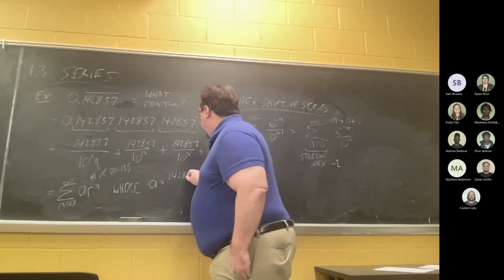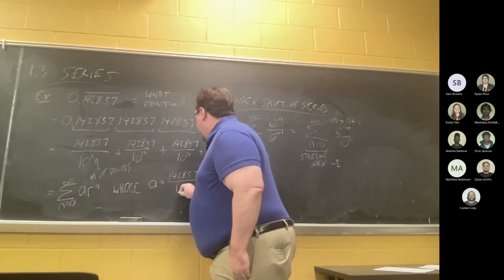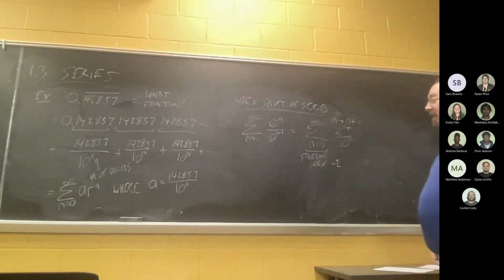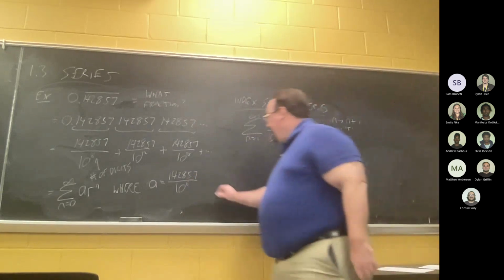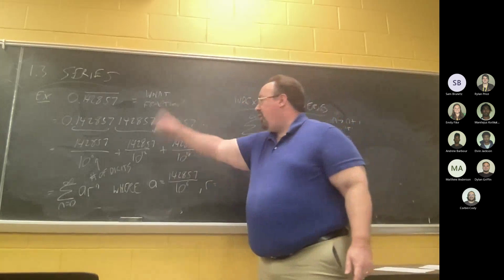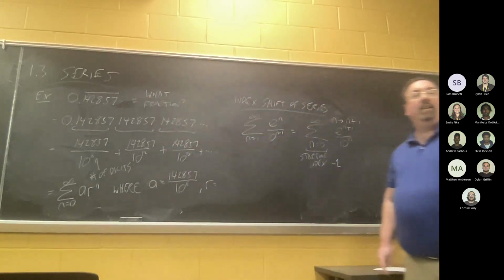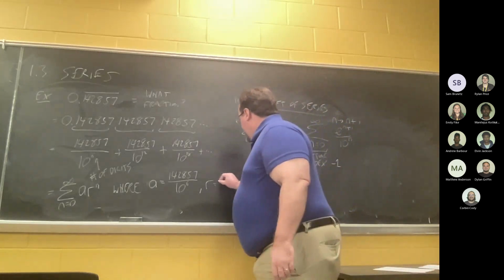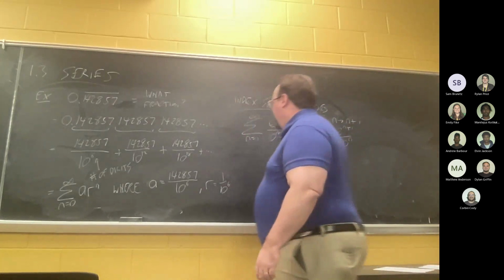It's going to be the sequence of digits that you have, divided by 10 to the power of that many digits. And then what is R? What do I multiply by to go from one of these to the next? 1/10 to the 6. Yeah, 1/10 to the 6.